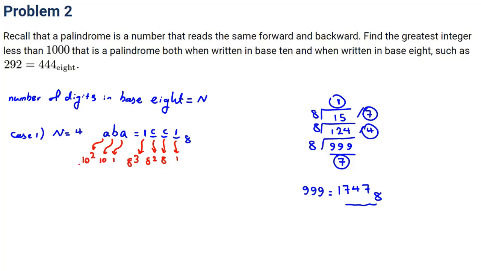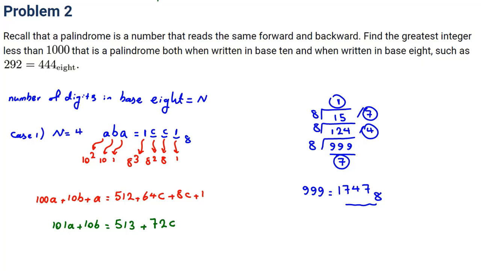So 10 squared is 100: 100a plus 10b plus a equals 8 cubed, which is 512, plus 8 squared, which is 64c, plus 8c plus 1. Then in the next step, 101a plus 10b equals 512 plus 1, 513, plus 72c.